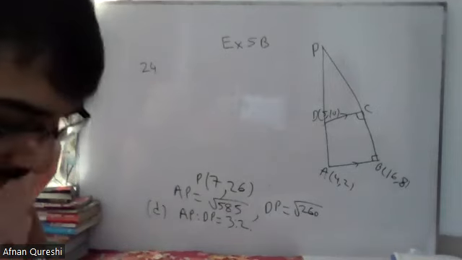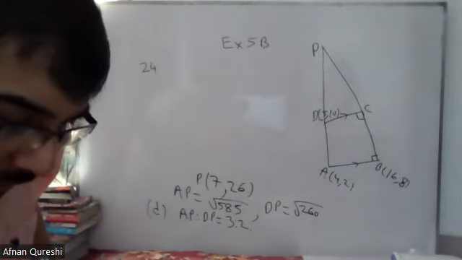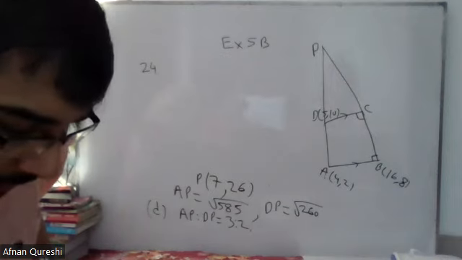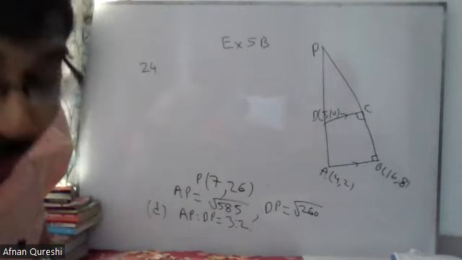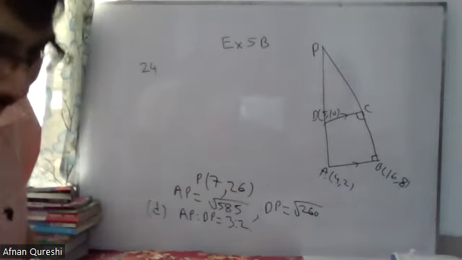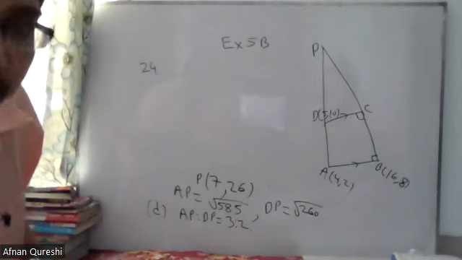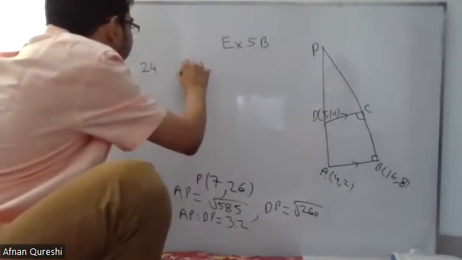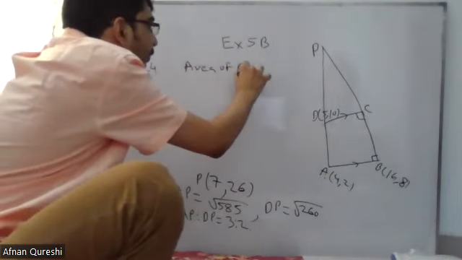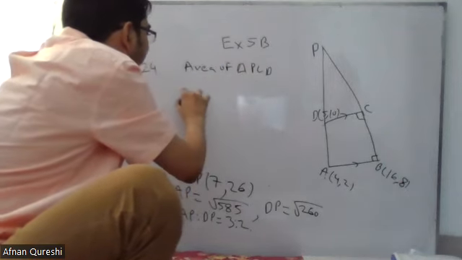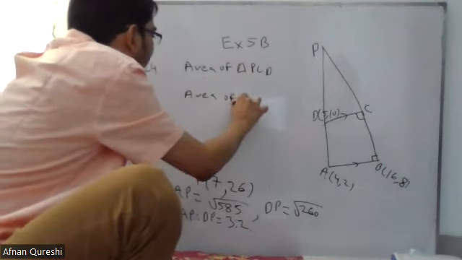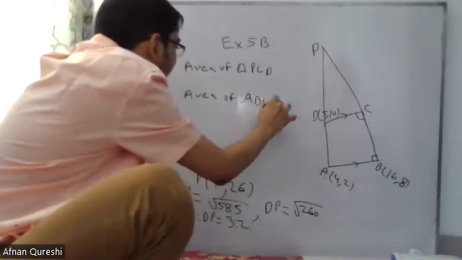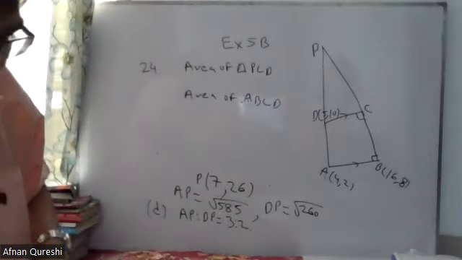The next part, they're asking for the ratio of the area of PCD to the area of trapezium ABCD. Since we know all the coordinates included here, one easy way to do this is to find the area of triangle PCD using the shoelace method, then the area of trapezium ABCD, which you can also easily find using the shoelace method.